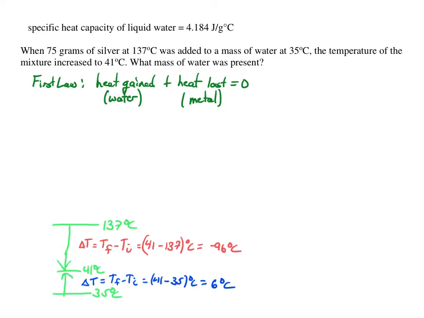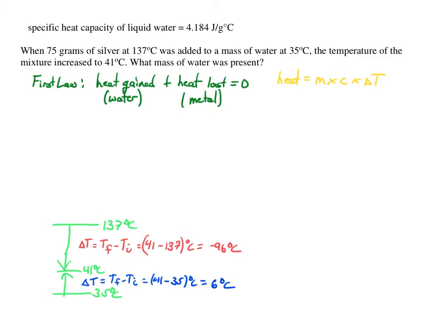For each of these, we apply the equation that the heat is going to be equal to the mass times the specific heat capacity times delta T, although the values of these variables differ for the water bath versus the metal.